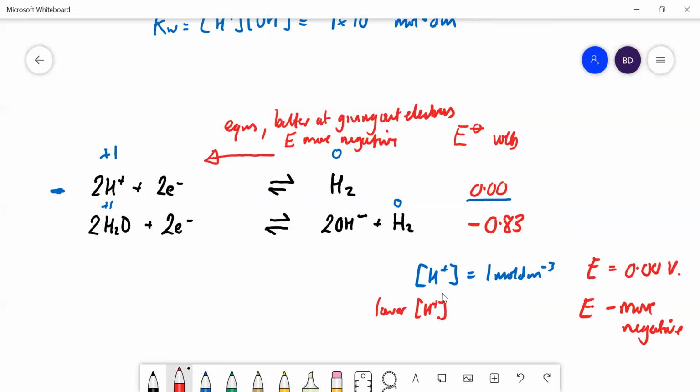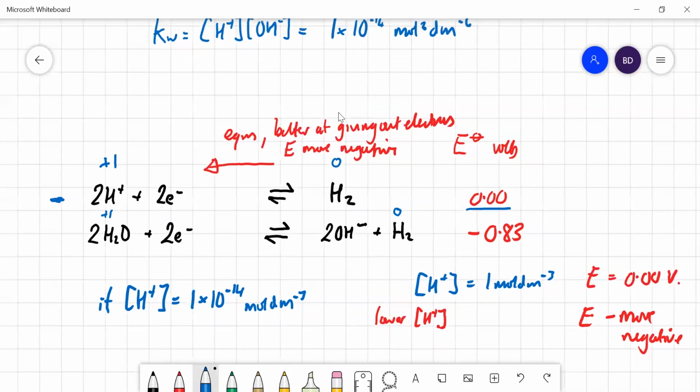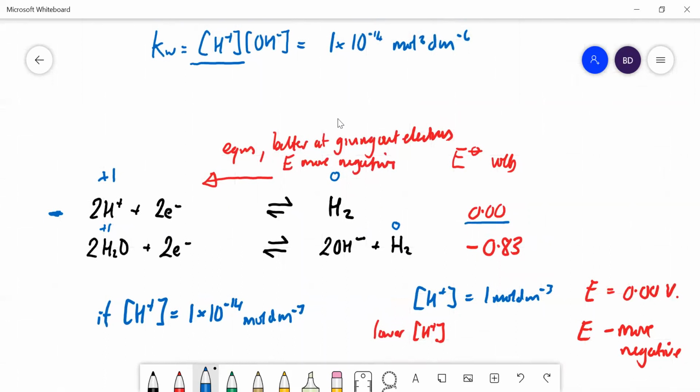Now, eventually, if we get the hydrogen ion concentration so low that it's equal to 1 times 10 to the minus 14 moles per decimeter cubed, because of our value of Kw, the product of hydrogen ion concentration and hydroxide ion concentration is always 1 times 10 to the minus 14.